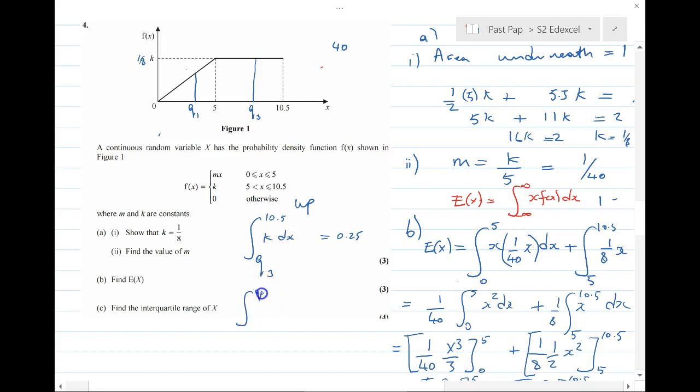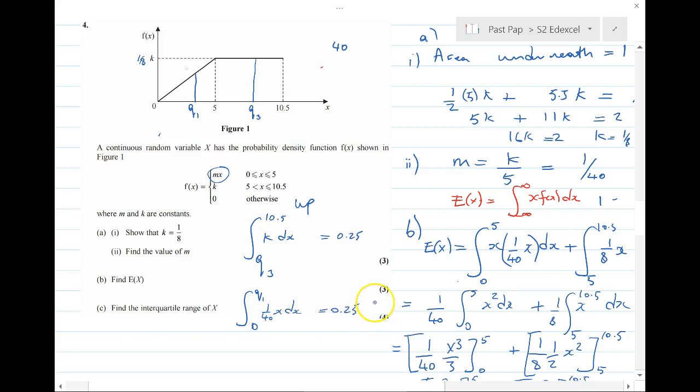Or for Q1, you could integrate from Q1 to 0. We worked out m to be equal to 1 over 40, so integrate 1 over 40 x dx, and use the fact that that's equal to 0.25, and pursuing that will get you the answer.